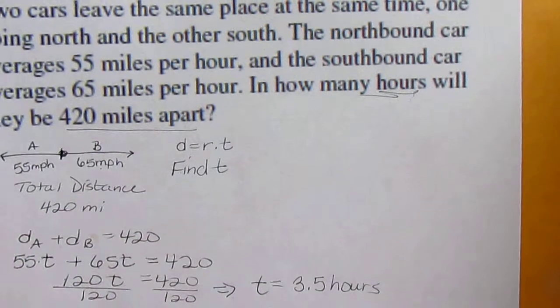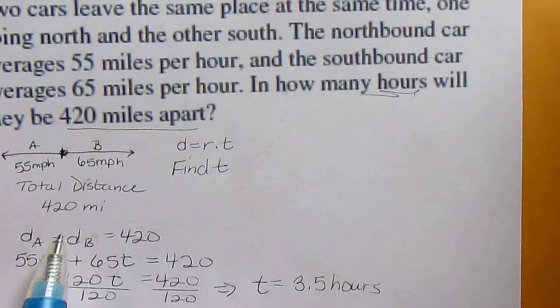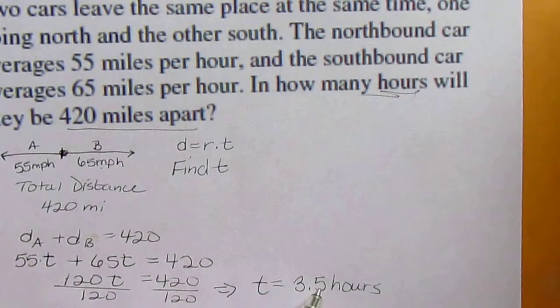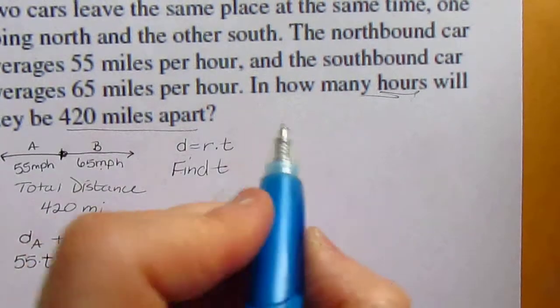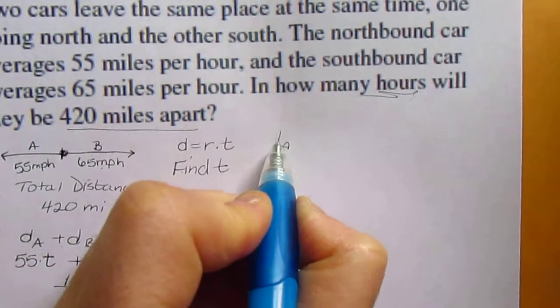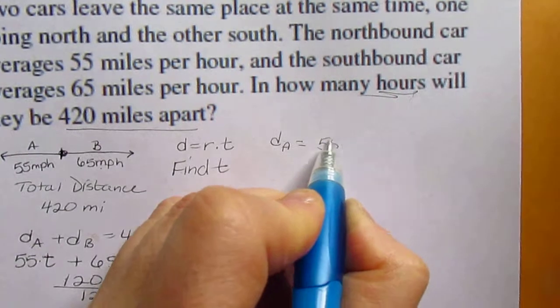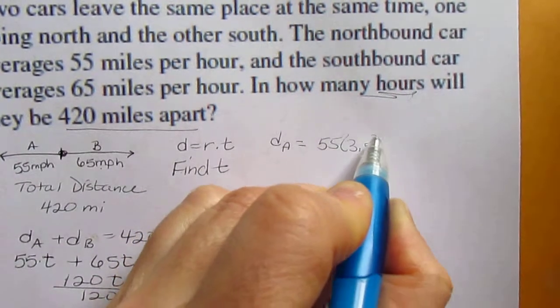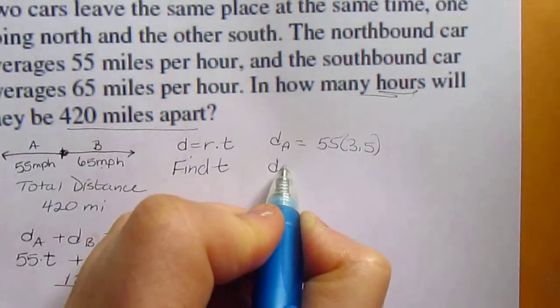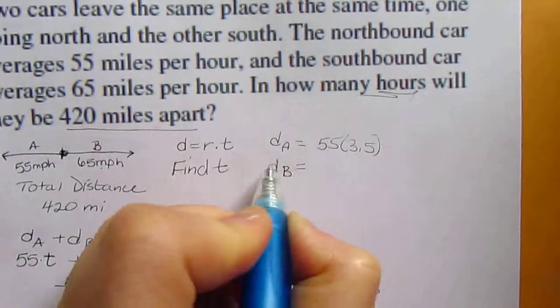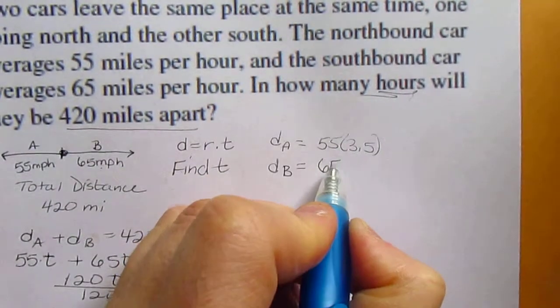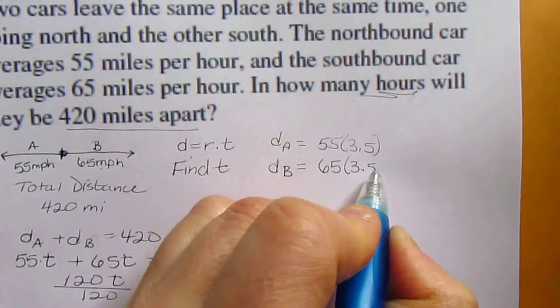Before we finalize that, let's check it. In 3.5 hours, how far does A travel? 55 times 3.5. And distance B is 65 miles per hour times 3.5 hours.